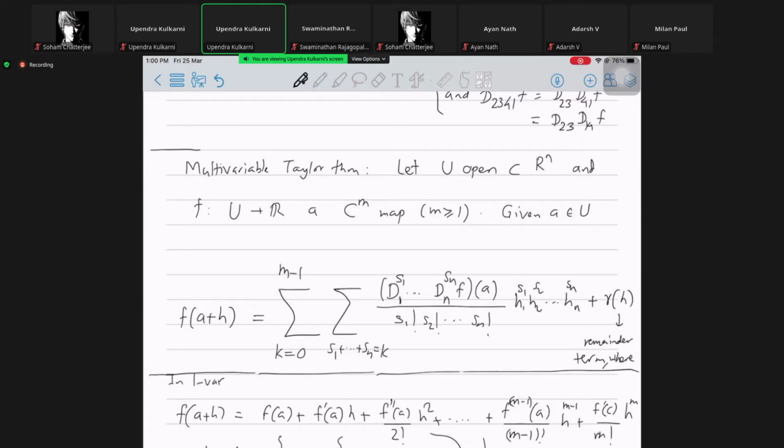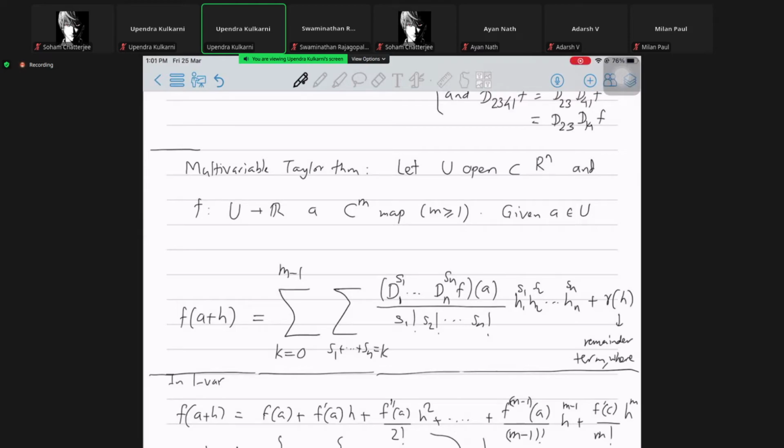I will simply take the composition of this function from R to U with the given function f from U to R. And I'm going to get an ordinary function of one real variable, and I will just apply the Taylor theorem to that.